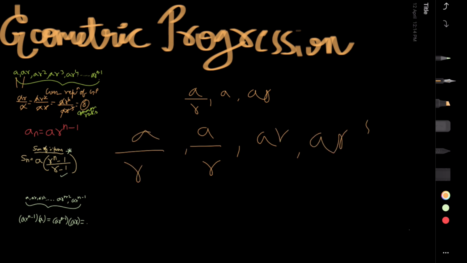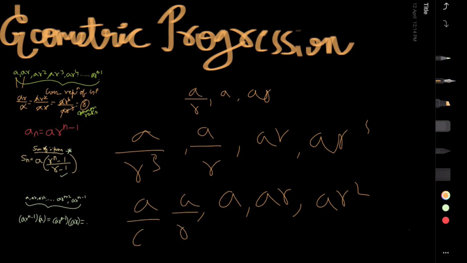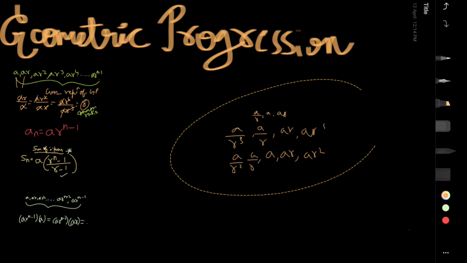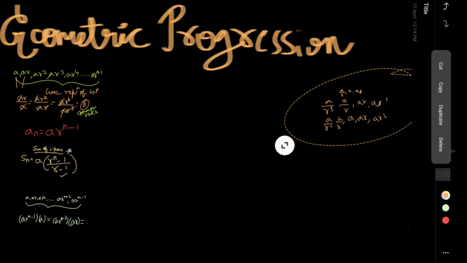If I want to take 5 terms: A by R square, A by R, A, AR, AR square. This representation may help you in solving problems. Just remember and apply it.